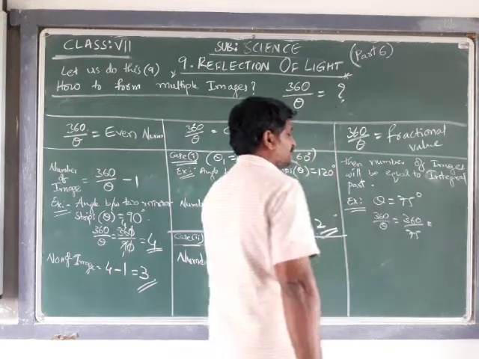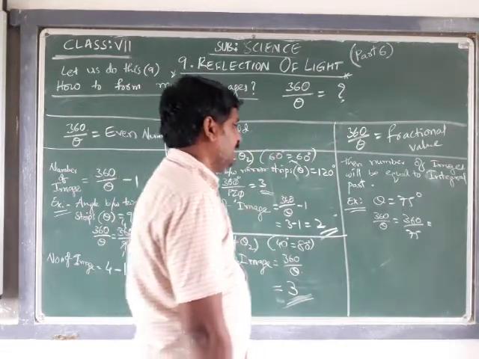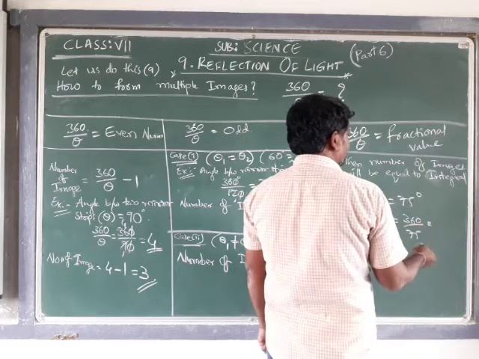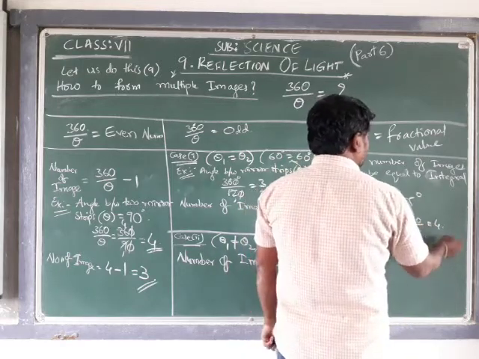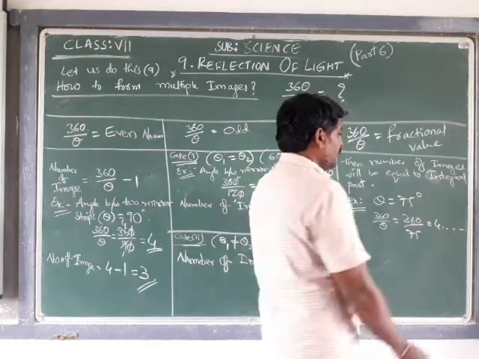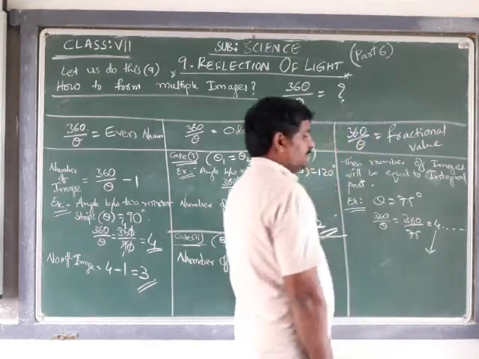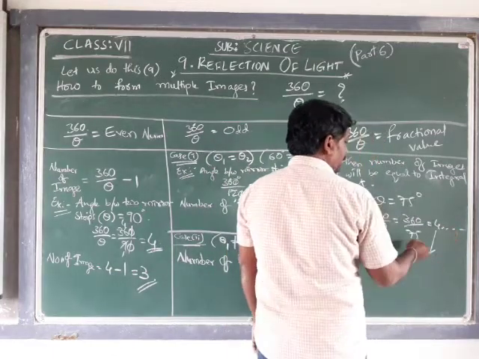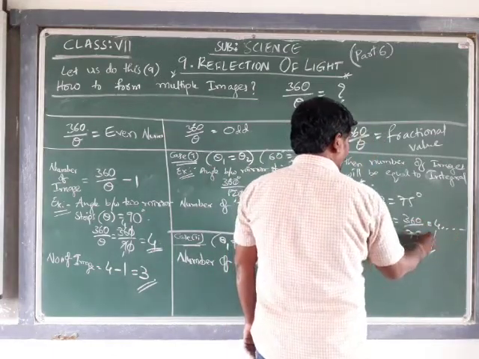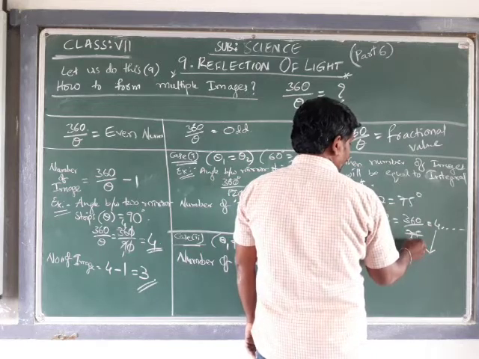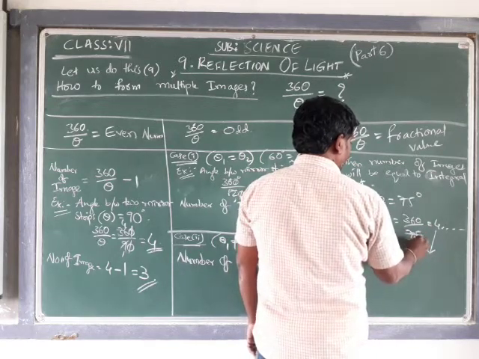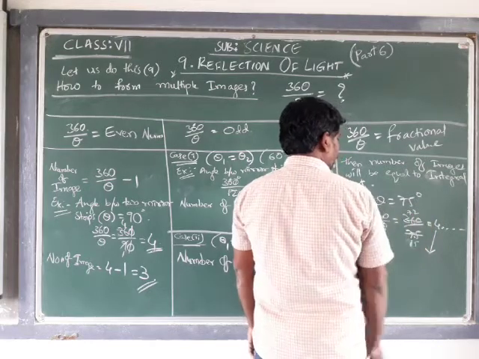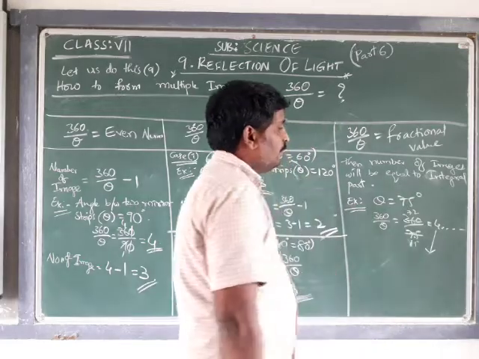Calculating 360 by 75, some 4 point something will come.